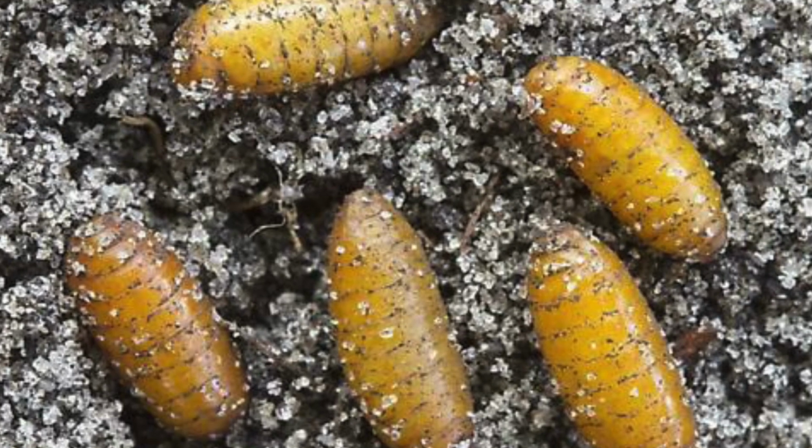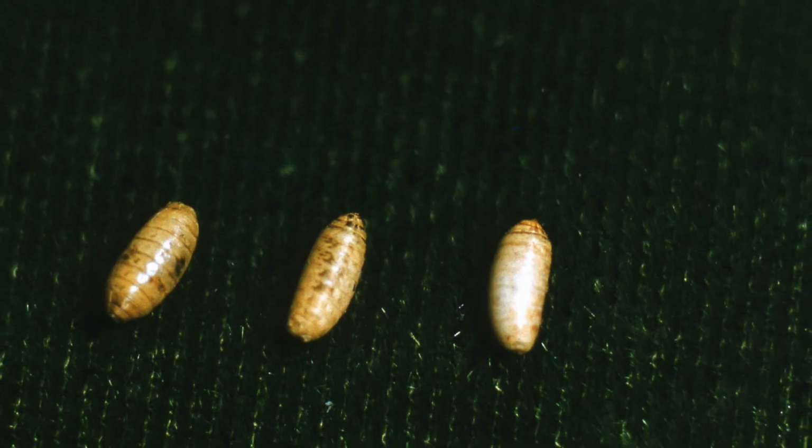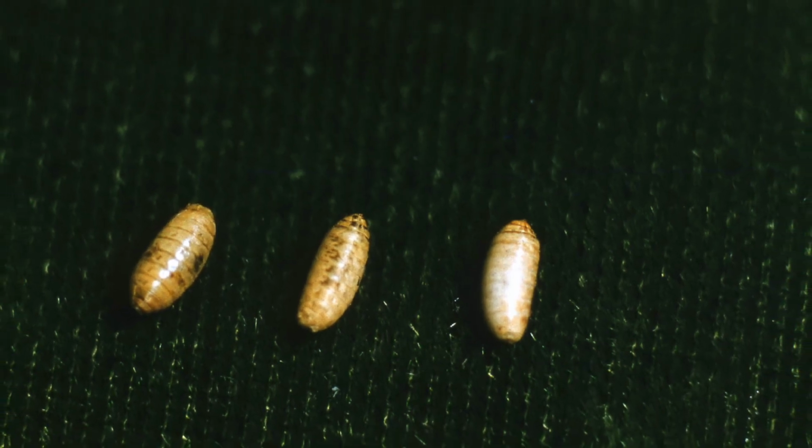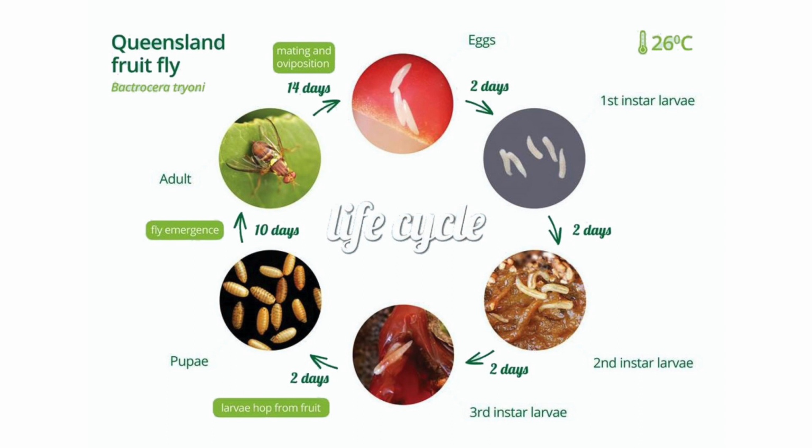While they're a pupa, they have a hard casing that they form around their body, and they stay in the soil for around 10 days. When they're ready, they emerge back up out of the soil as an adult fruit fly. And when they come out of the ground, they are hungry. They're looking for some food to eat, but they're also looking for a mate so that they can reproduce and the life cycle can start all over again.